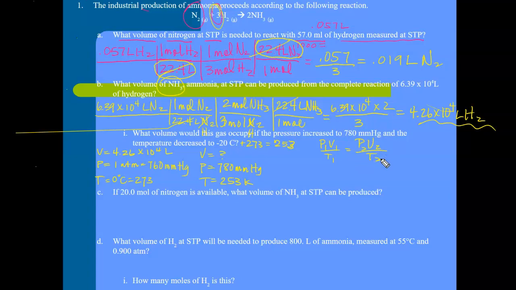So I'm going to plug in all my numbers. I have 4.26 times 10 to the 4, that was my volume, times the pressure, 760, divided by 273, equals the new pressure, 780, times the volume, which is what we're looking for, over temperature 2, which is 253.